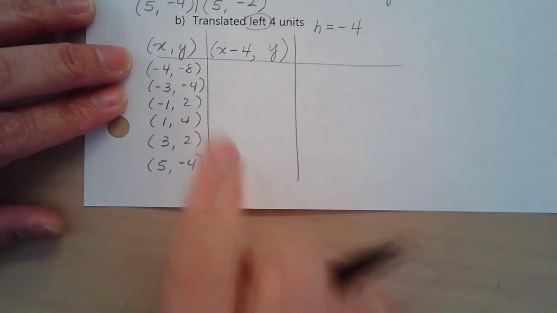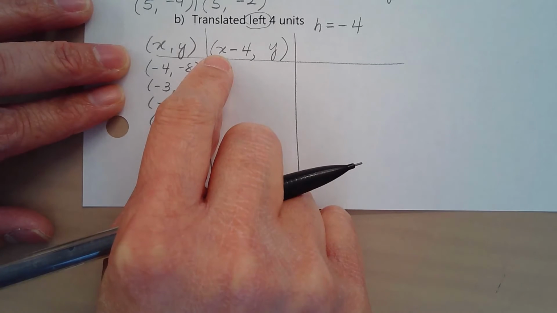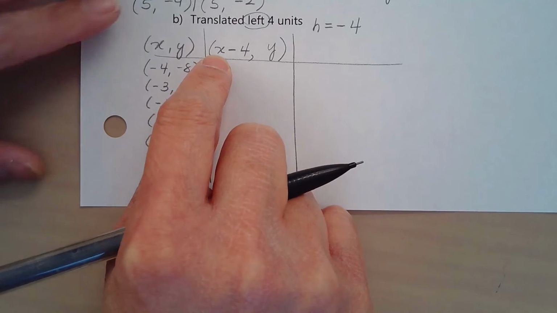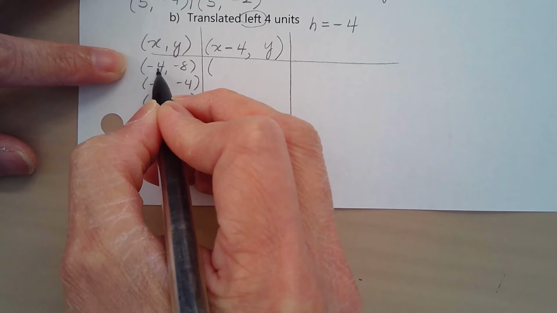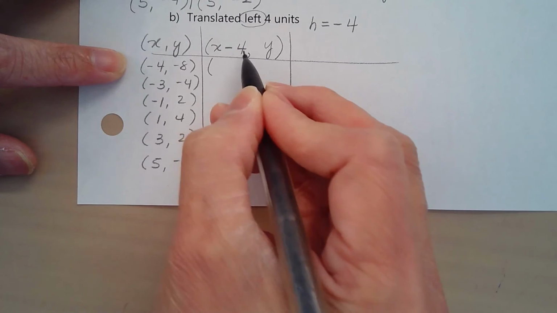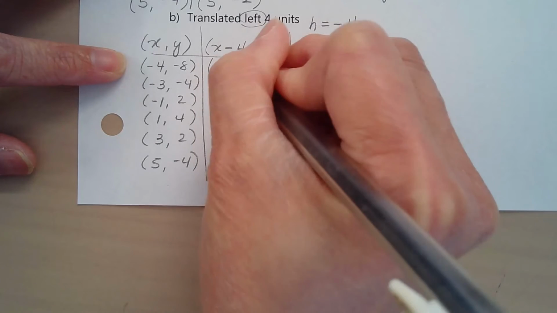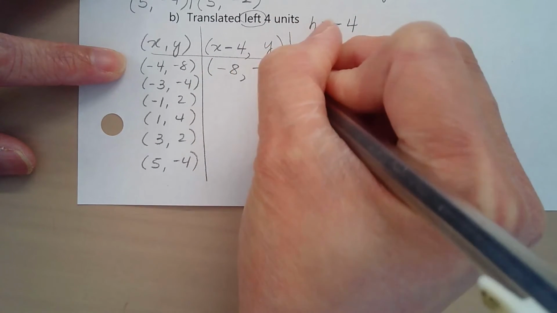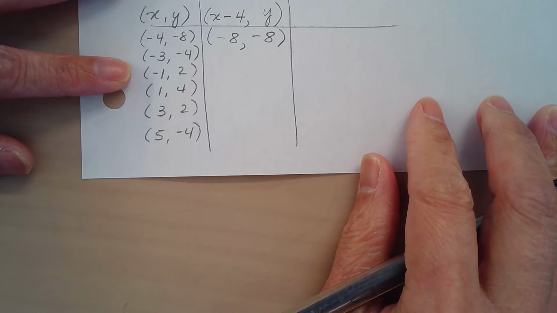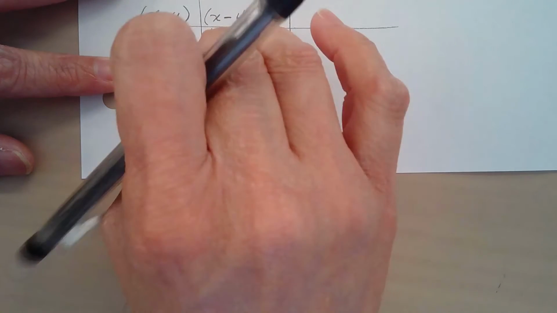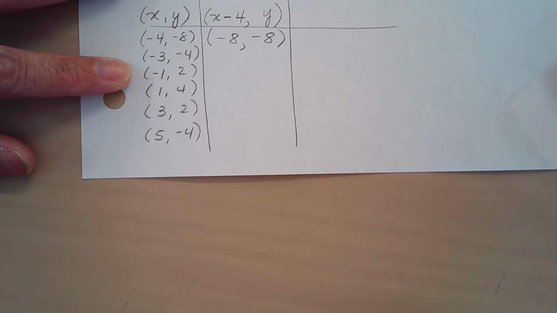So whatever the x is, we're going to take it minus 4. Let's go ahead and do that. So it's negative 4, and then minus negative 4, that gives us negative 8. Negative 8. What's the next part of the mapping? Okay, go ahead and fill this out. I'll do the same thing, and then we can double check.